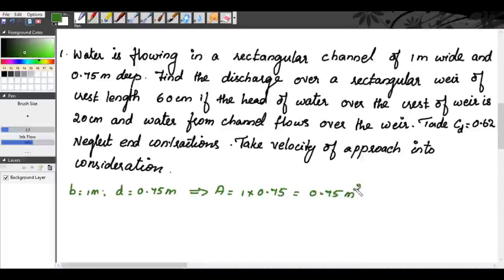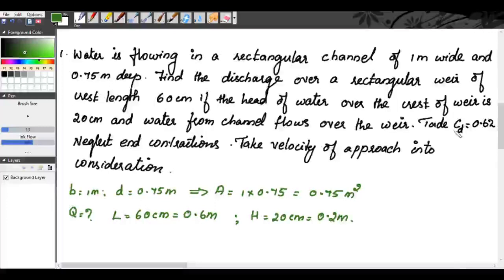which is 0.75 meter square. Find the discharge over a rectangular weir of crest length 60 centimeter. So the length of the crest is 60 centimeter, that is equal to 0.6 meter. If the head of water over the crest of the weir is 20 centimeter and water from the channel flows over the weir, so the head of water is 20 centimeter, that is equal to 0.2 meter.